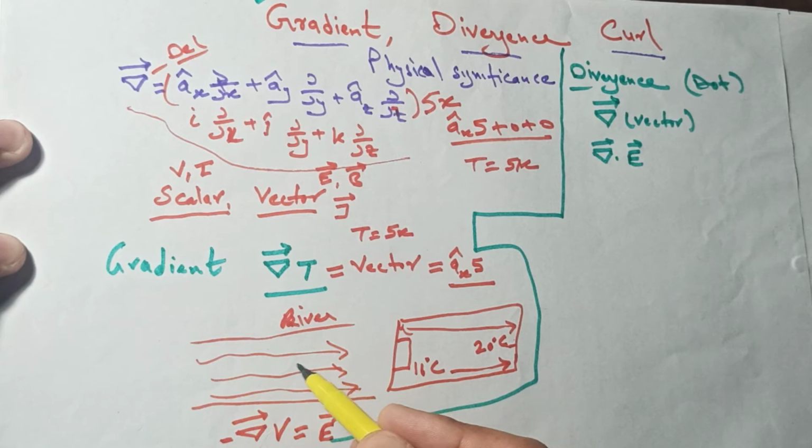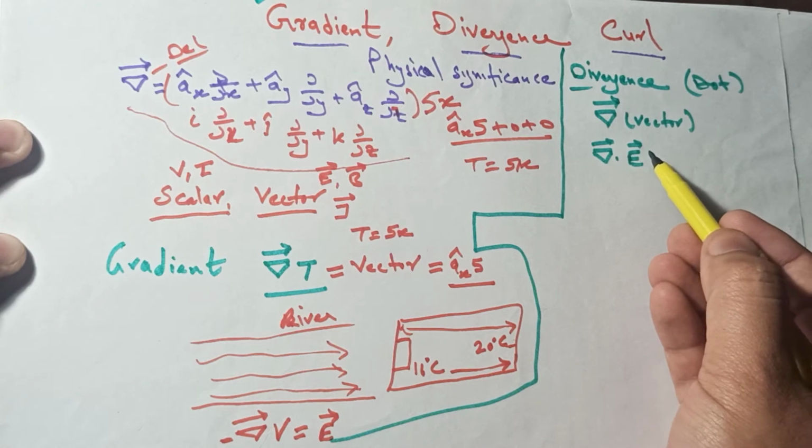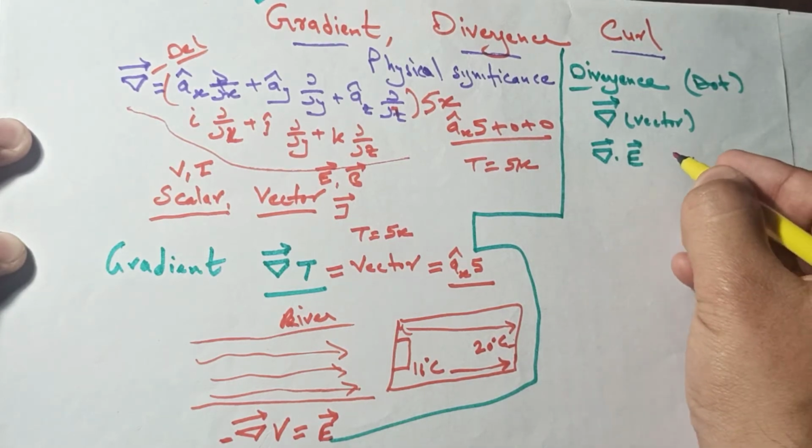Now let us go to this example: a river, the water is flowing. So what will this divergence give you? Divergence will give you the net flow of any quantity. You can say the flux or the net flow.